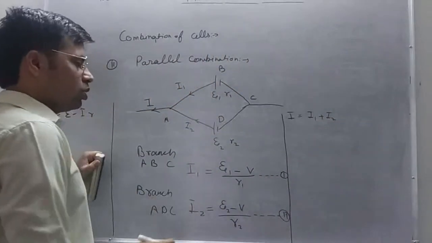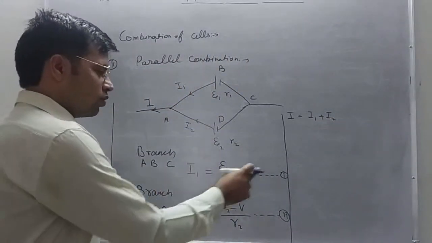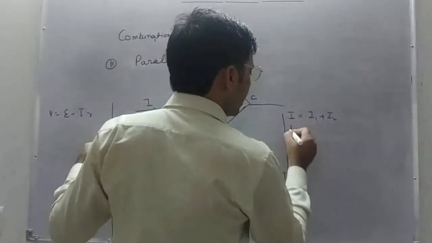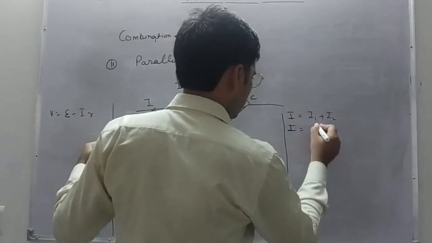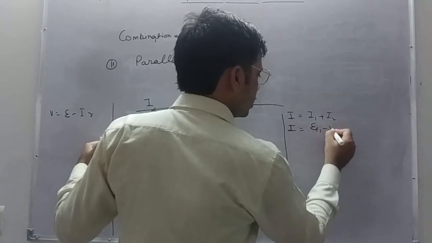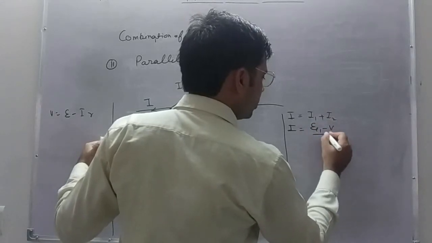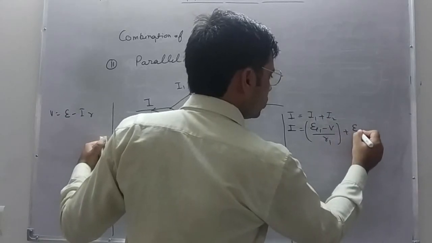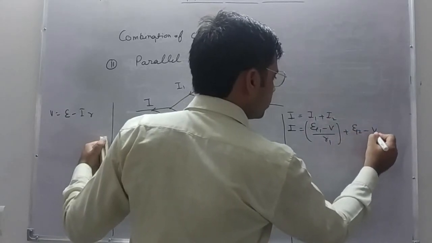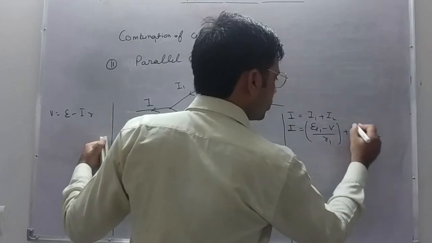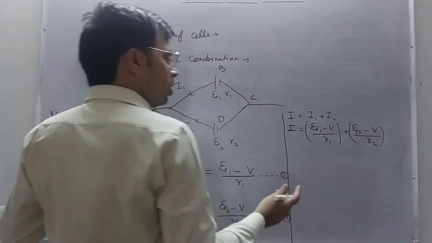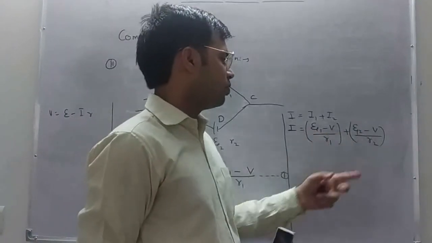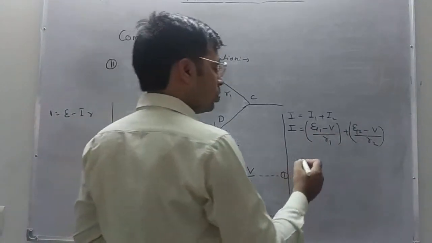Substitute the value of I1 and I2 from equation number 1 and equation number 2. So I is equals to E1 minus V divided by R1 plus E2 minus V divided by R2. We can write the EMFs E1 and E2 divided by R1 and R2 together.